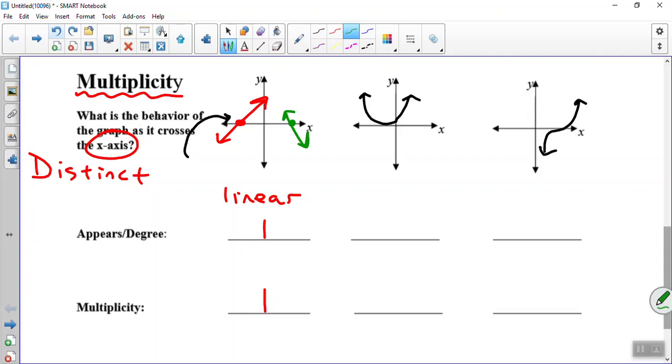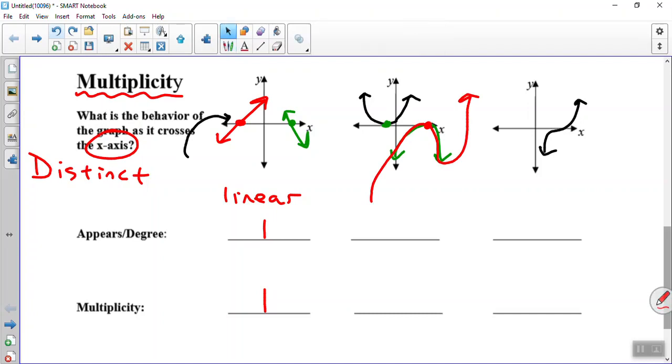All right, let's look at this next one. These are just parts of a bigger graph. This is just a part of the graph that touches. There could be more to the graph out here; it could come up and do something like that. But we're just looking at that green part that touches the x-axis at the x-intercept, or this black part here. It touches the x-axis at one point and bounces off.